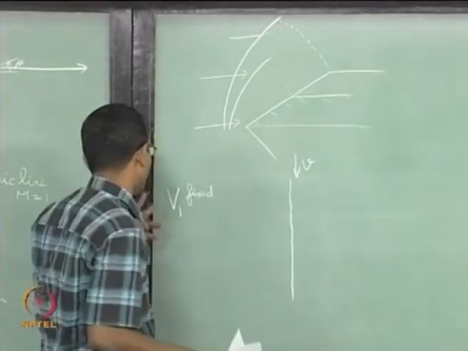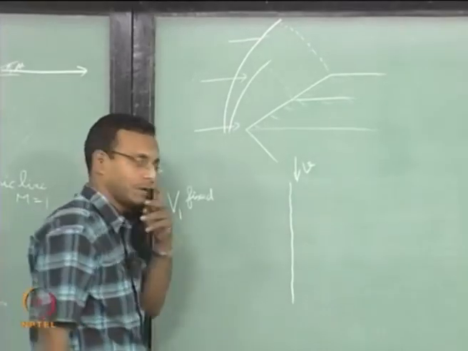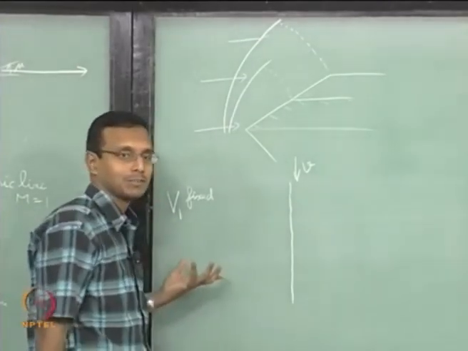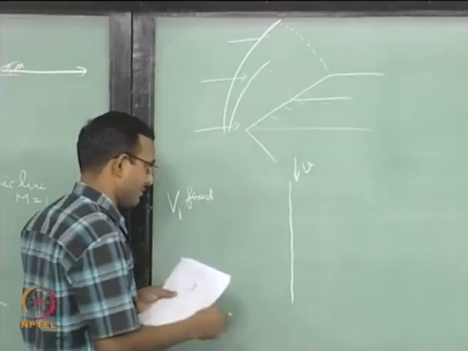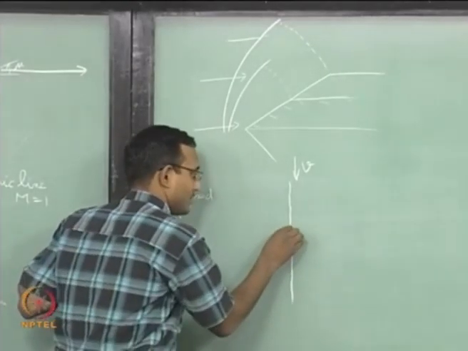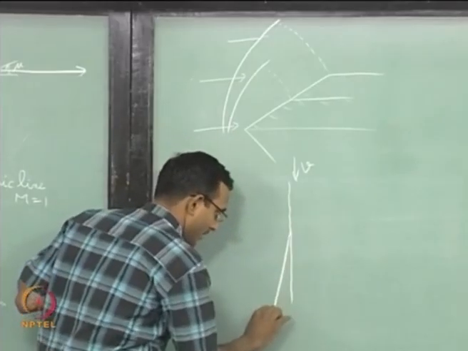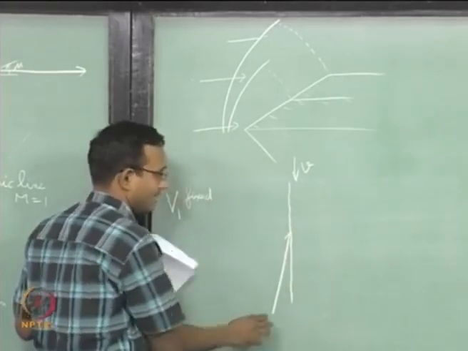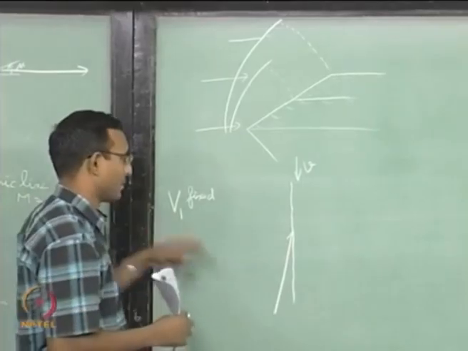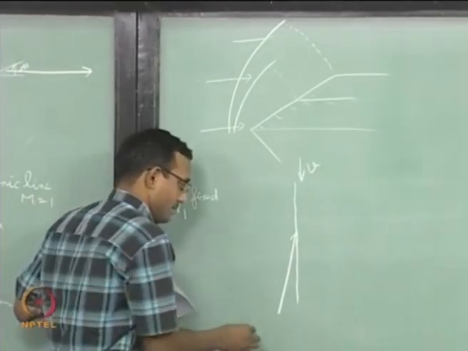V1 is fixed, V1 by A1 is my Mach number M1, and I am saying incoming gas is having a particular speed of sound A1. Let us say we are considering the vector that is going through that point. I will take this as the length of my vector V1.